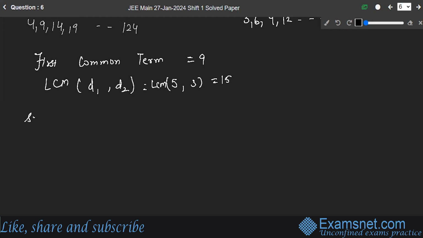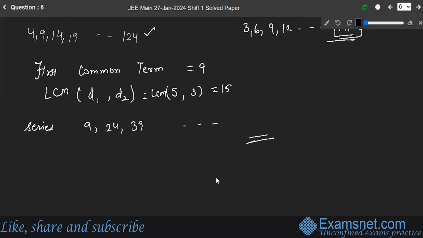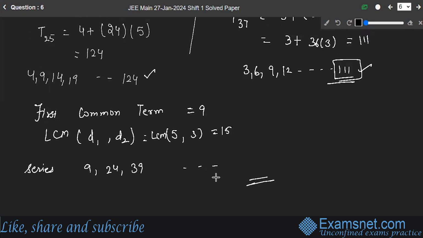Now the series will be 9, 24, 39, and so on. What will be the last term over here? See, here you're having 124 and here you're having 111. I'll obviously pick up the smaller one. So the last term has to be smaller than 111. This will be 9, 24, 39, after that 54, then 69, then 84, then 99.